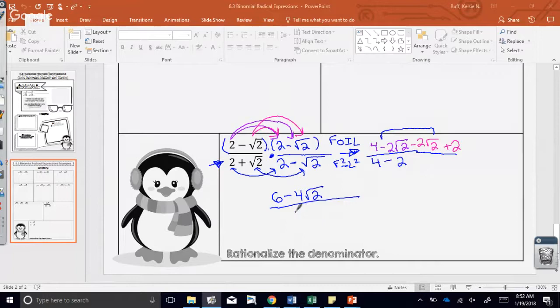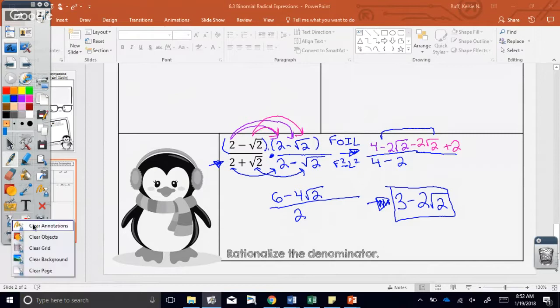Okay, on the bottom, 4 minus 2 gives us 2. Now the last step is to see if we can simplify these fractions. 2 goes into 6 three times, 2 goes into negative 4 negative 2 times, and then we tack on our square root of 2, and here's my final answer. I have no more radicals, which makes this okay.